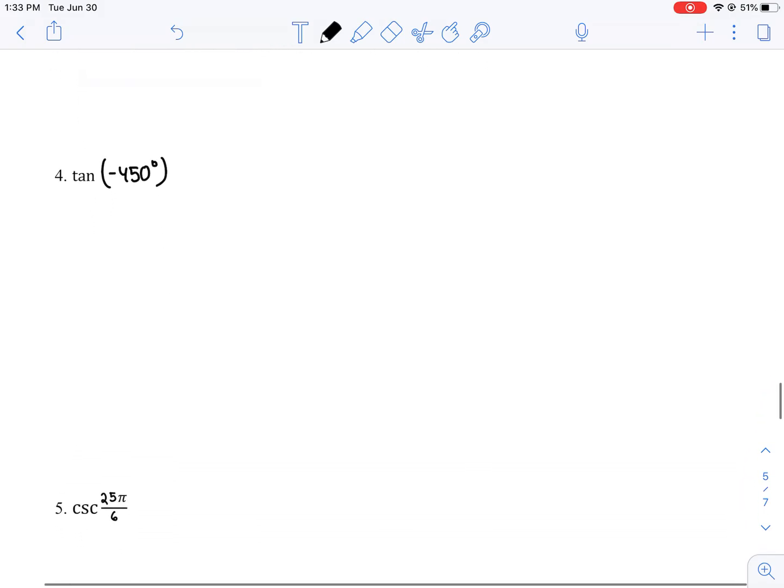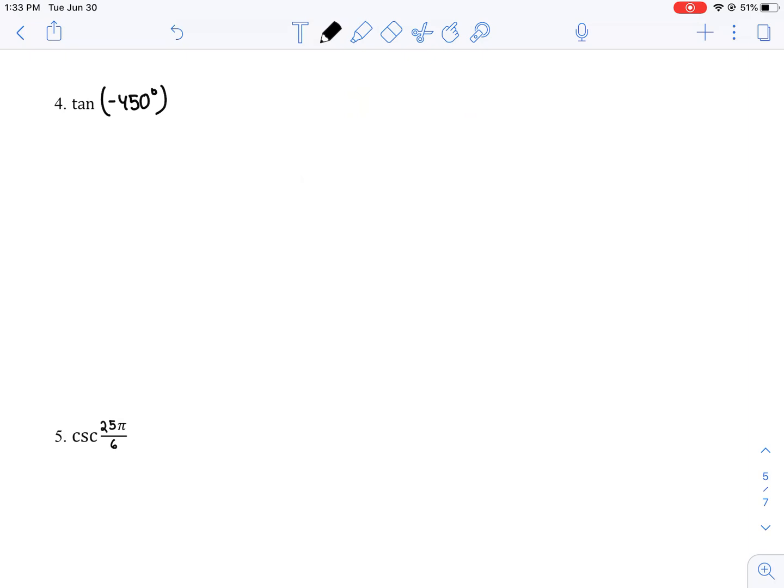Next example. The tangent of negative 450 degrees. Well, what is the period of tangent? The period of tangent is 180 degrees. So I want to add multiples of 180 degrees until I get an angle that's in the unit circle.